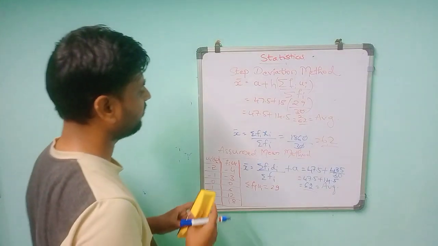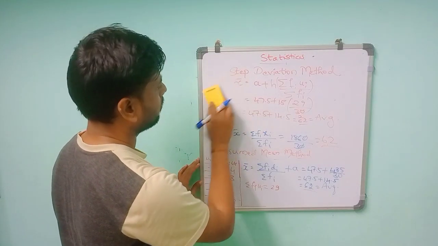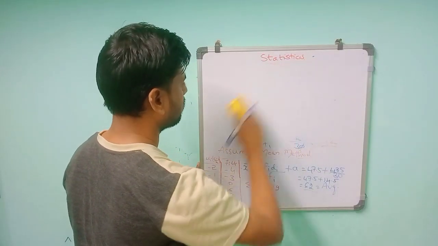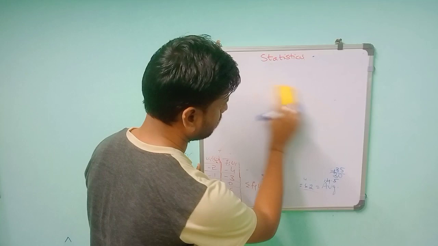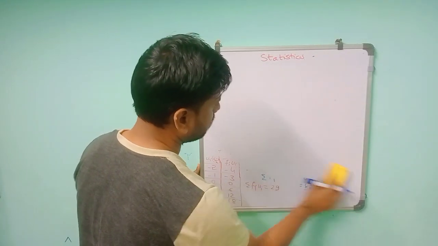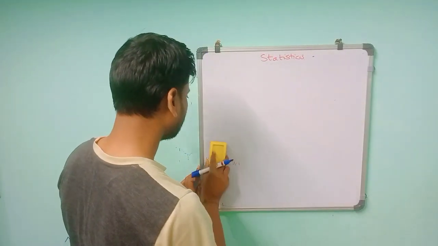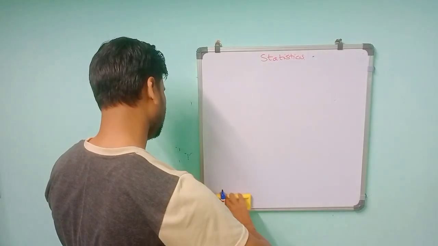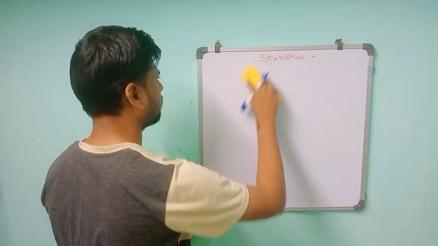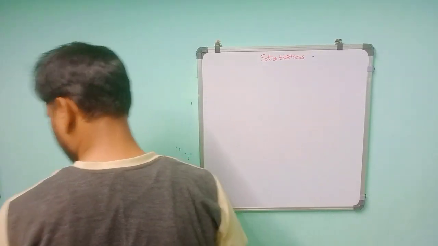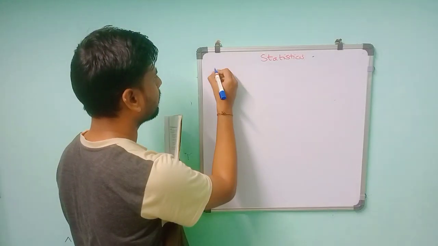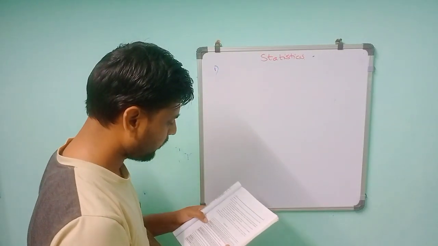Next, the exercise. In the first problem they gave the number of plants.